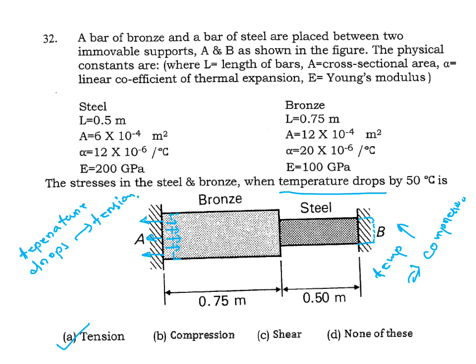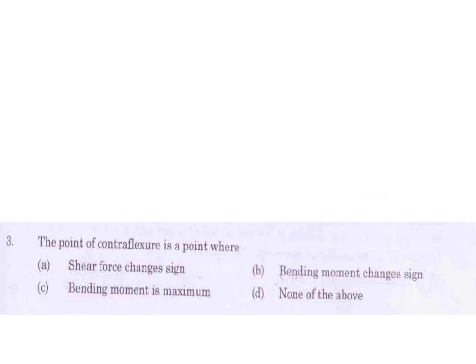The point of contraflexure is a point where, this one already discussed. Point of contraflexure. This is very, very important for all exams. Where bending moment changes sign, already discussed in the previous video.